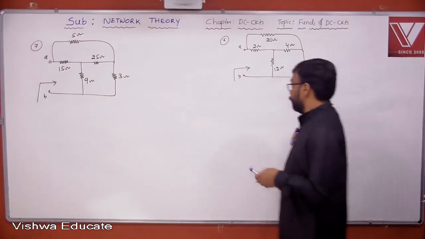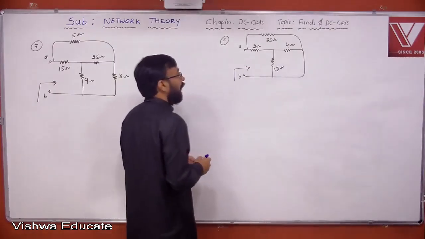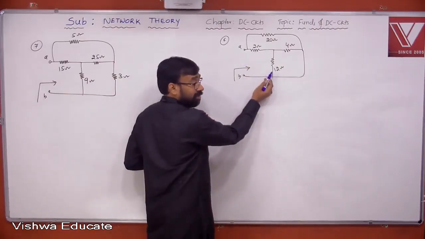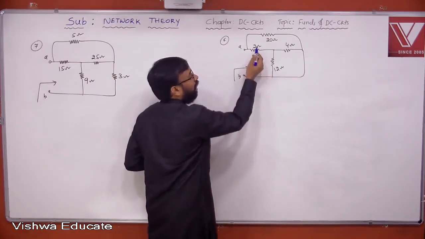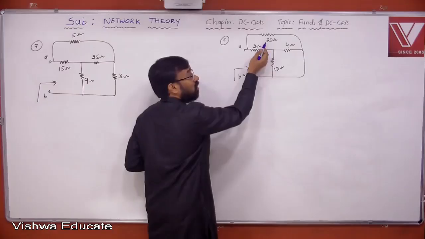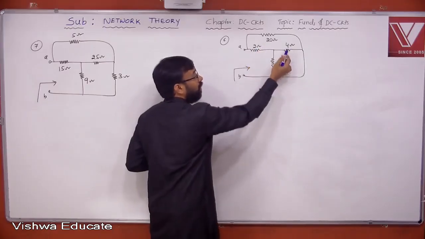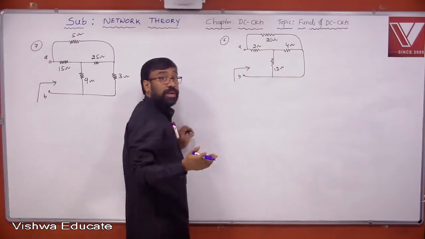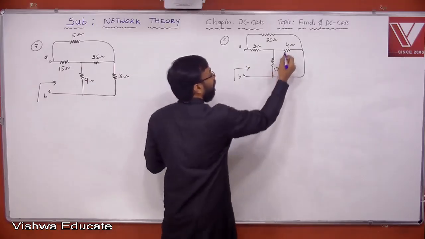Sixth problem. Look at this. How are the elements connected here? 2 and 12, neither series nor parallel. 2 and 20, neither series nor parallel. 12 and 4, parallel combination. Yes or no? So 12 and 4 are parallel.